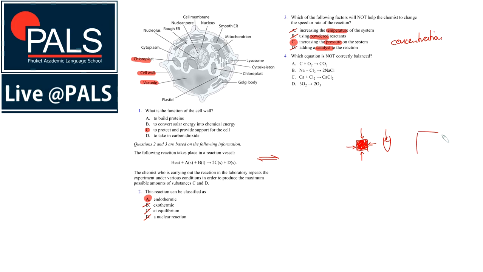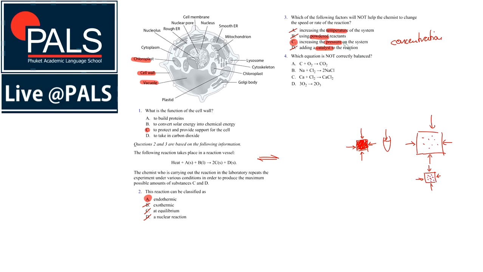Gases, on the other hand: if we have a gas and we increase the pressure on a gas, imagine you have a balloon and you take it underwater a couple of meters, what will happen? The pressure on the balloon will compress it and press the air in the balloon closer together, so the air particles will get closer together.